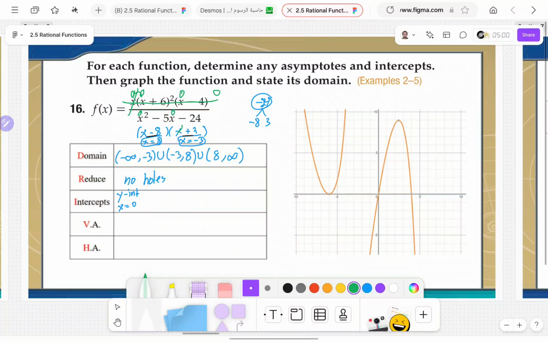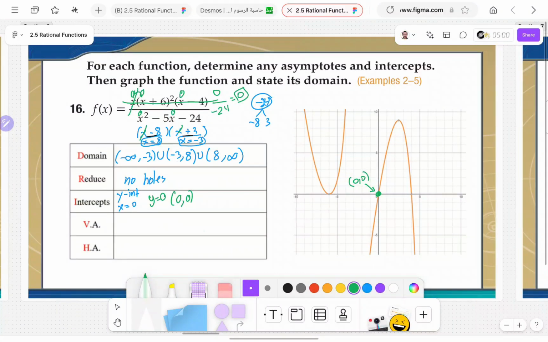And in the denominator, if I put 0 and 0, it will become negative 8 times 3, which is equal to negative 24. So the answer is 0 over negative 24, so the answer is equal to 0. So the y-intercept is equal to 0, or we can just say 0 and 0. And this is what you can see here, the graph at the y-intercept is 0 and 0.